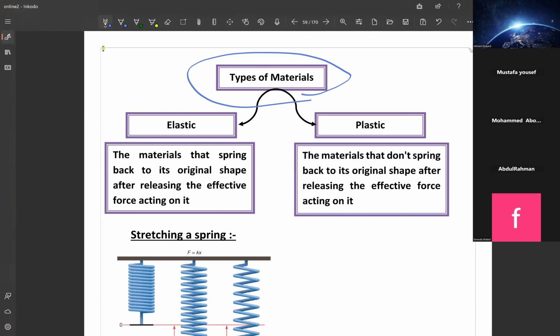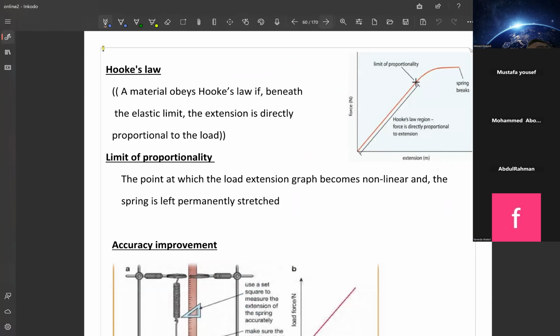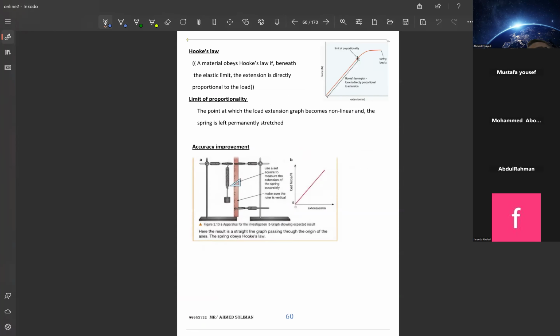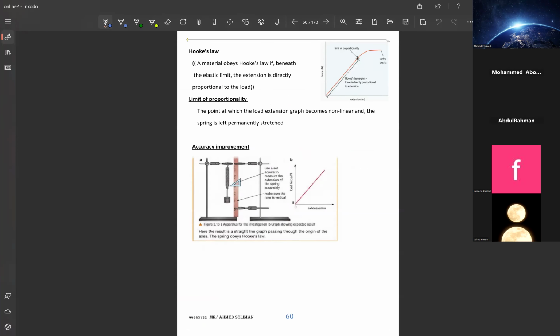Sir, I just have one question. It's related to this topic. Okay, what is your question? It's about Hooke's law.